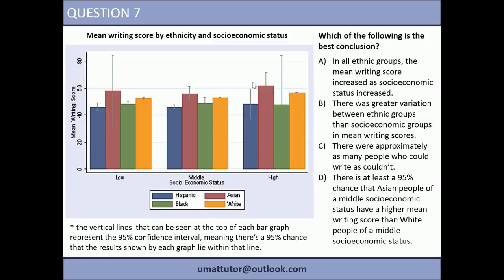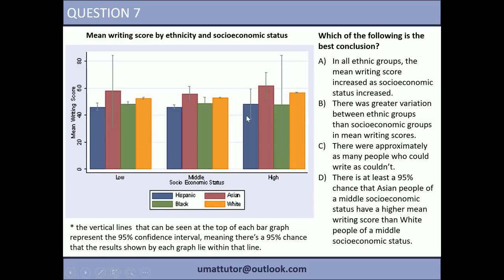If we go to the question now, which of the following is the best conclusion? A says that in all ethnic groups, the mean writing score increased as socioeconomic status increased. So what we have to do there is go through each of the 4 ethnic groups and just track across the socioeconomic groups and see if they increase. If we start with the blue, the Hispanic group, just focusing on where that bar graph is, we can see that there isn't really appreciable increase, maybe a slight increase between middle and high, but really the 3 blue graphs are all about the same height.